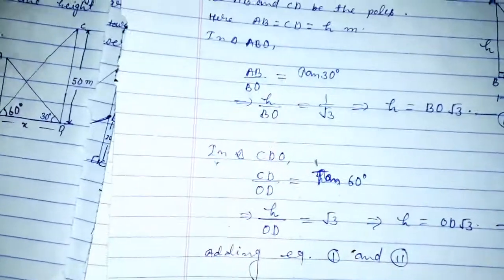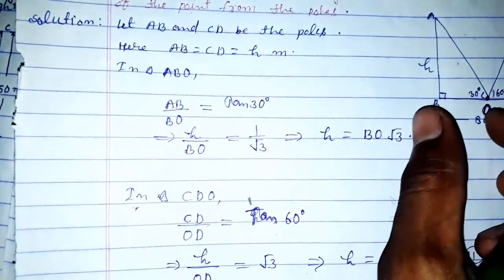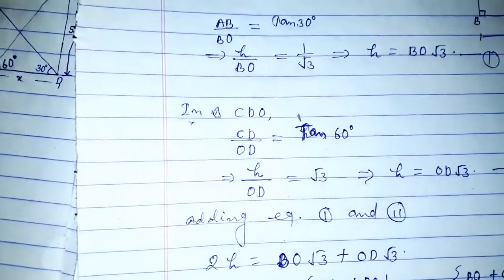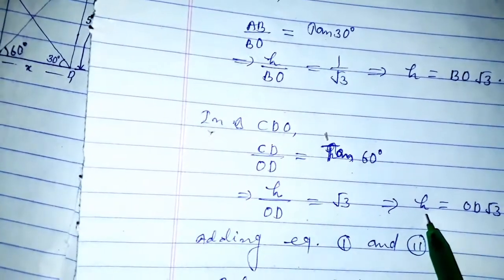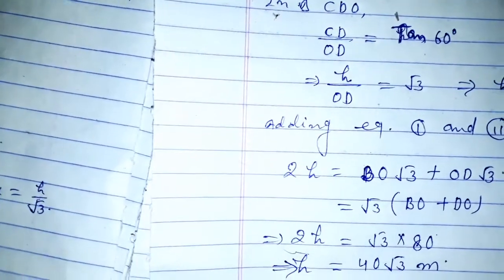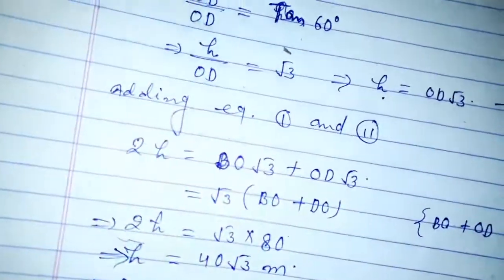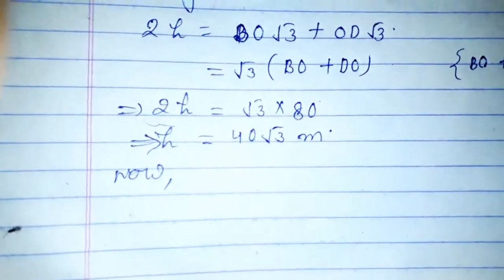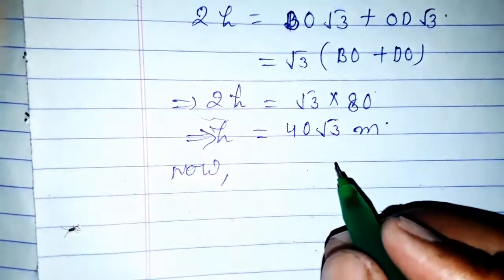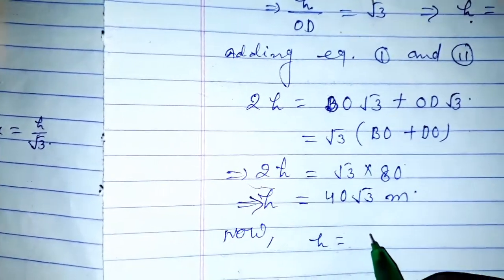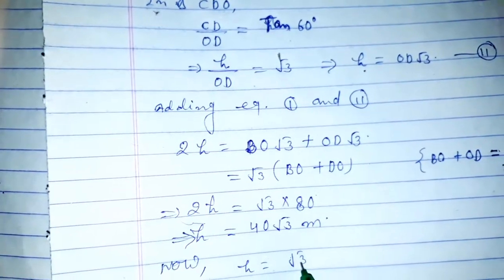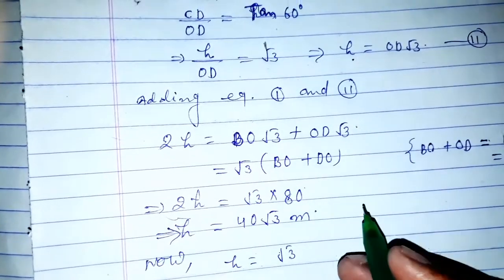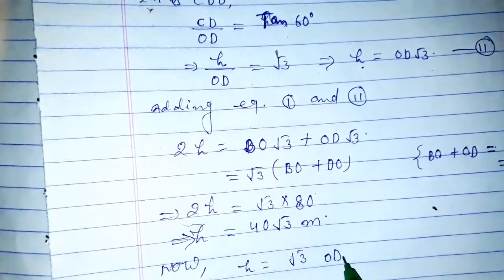And find the value of OB and OD. So here h is equal to root 3 OD.